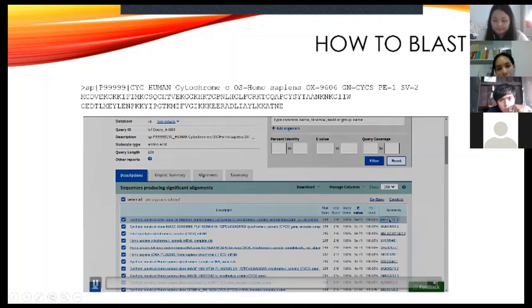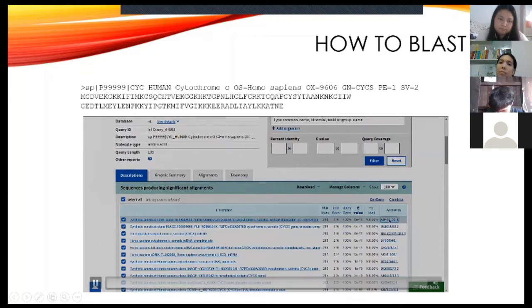So you basically look for an e-value very, very low, like 10 to the power of minus 70, 80s, and 100% identity. It means it's an exact match of what you have searched with your FASTA file. So DNA having a 100% match just means every letter will translate directly without mutations.